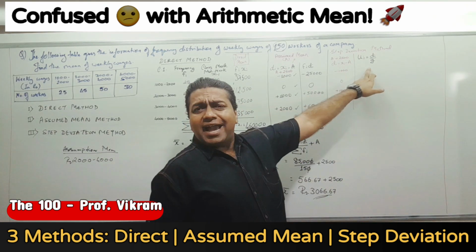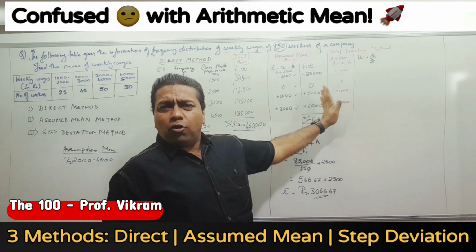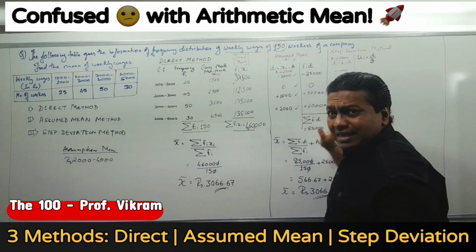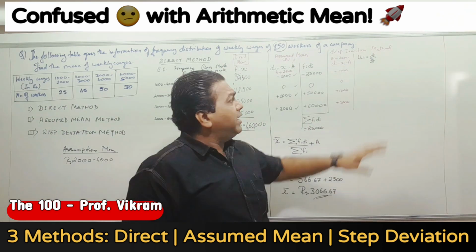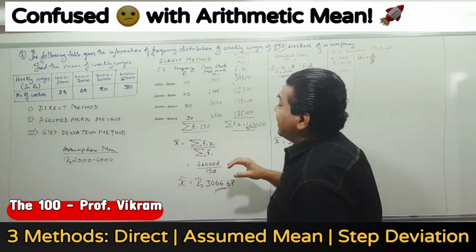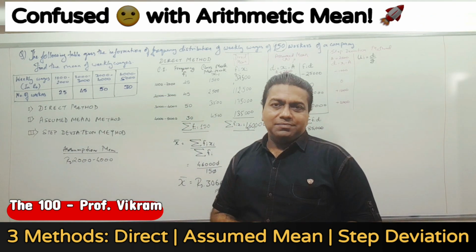So what is this G actually? Ui is equal to Di upon G. The value of Di I already have, but what is this G? G, or in some books it is also referred to as H. Any variable can be used, but h or g is nothing but the difference between the lower limit and the upper limit.